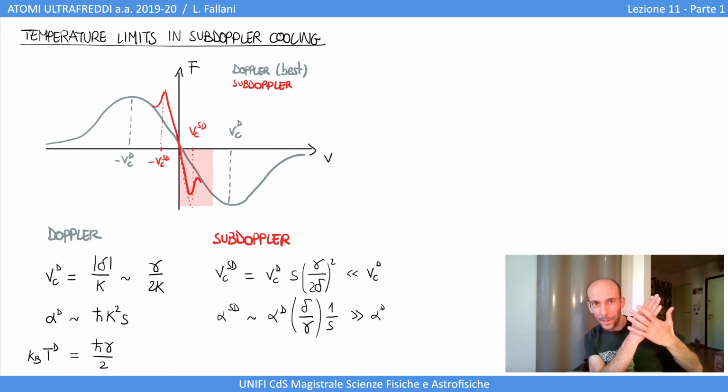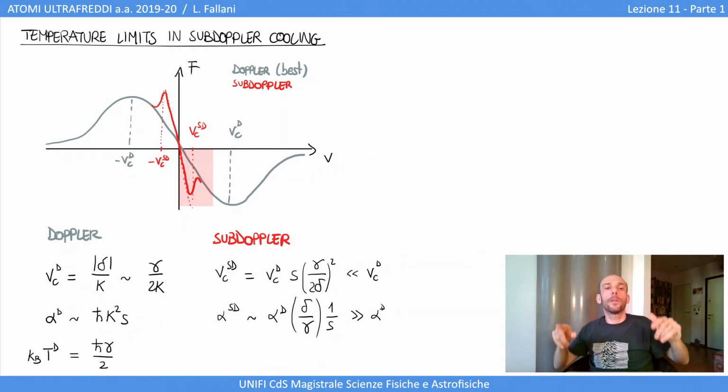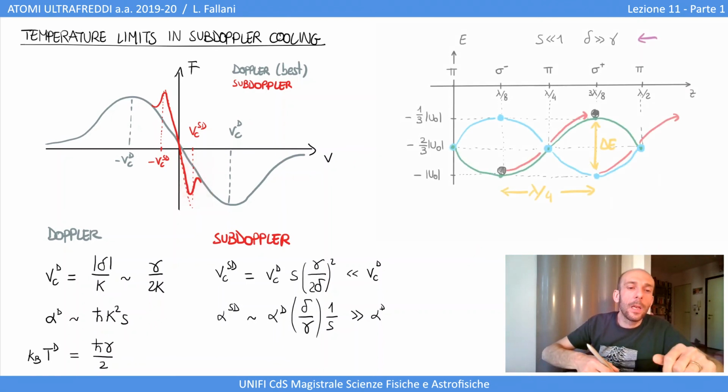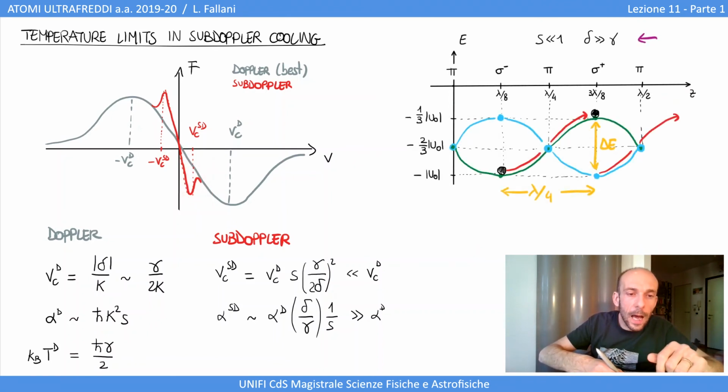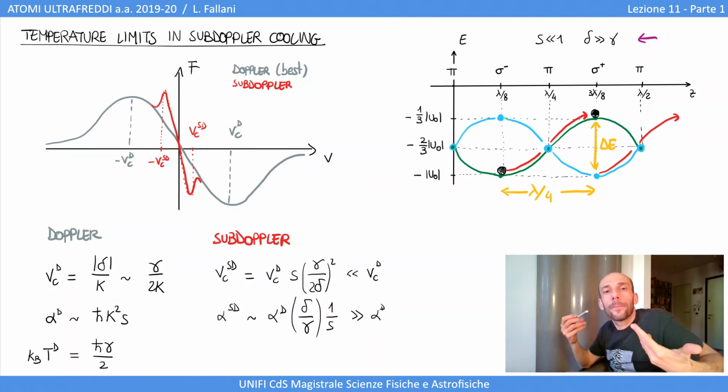But the steepness is already evident: in the case of the subdoppler mechanism it is much higher. So, because of this extra cooling mechanism, this is how your force looks. And at the end, of course, this higher friction will lead to an increased efficiency of the process, so a lower temperature.